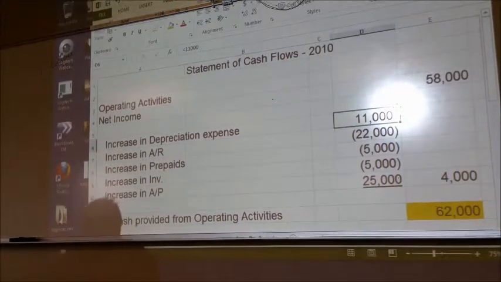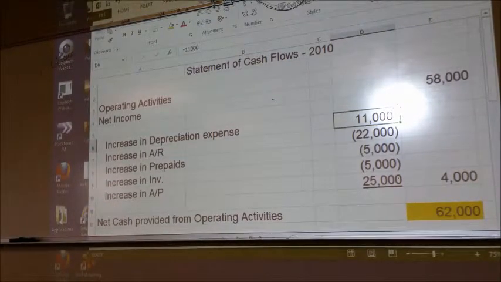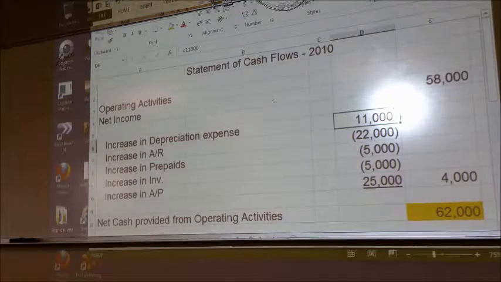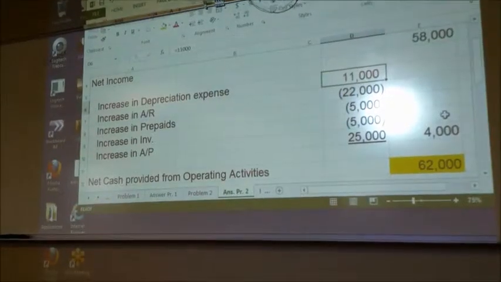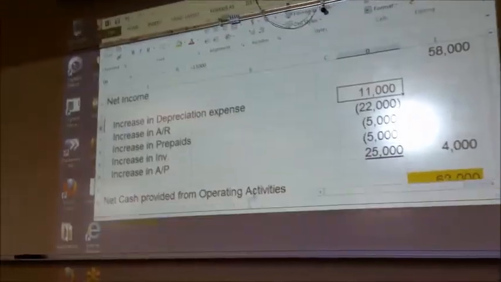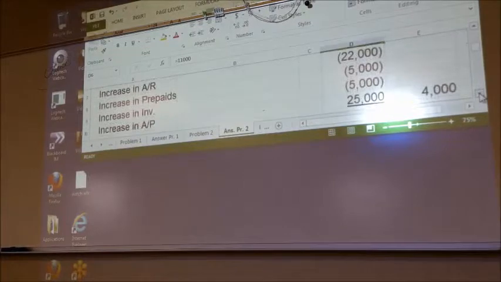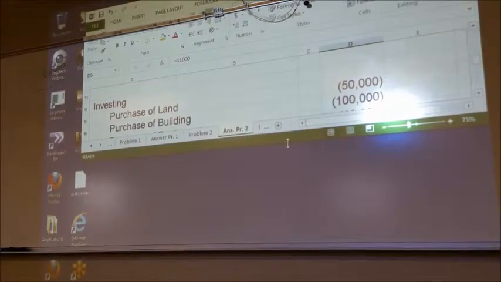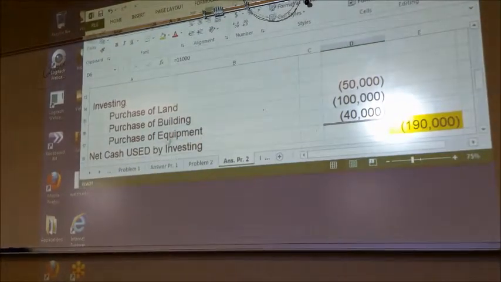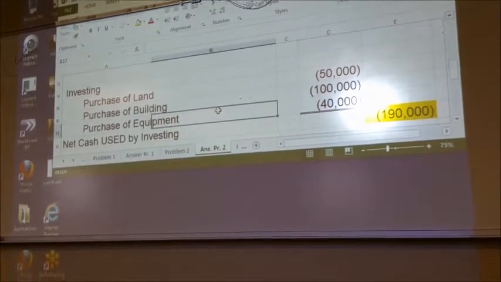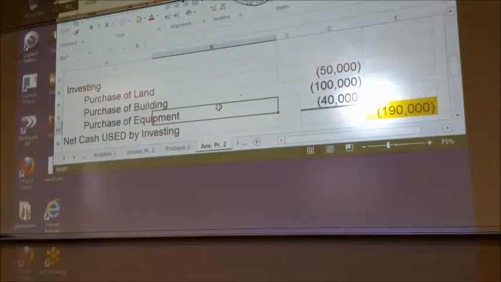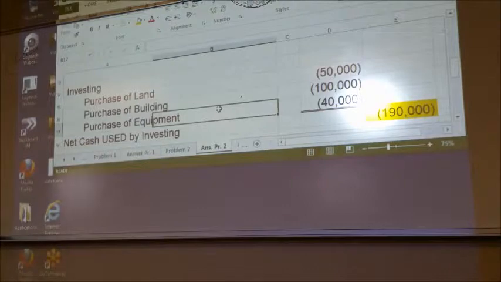We bought land, obviously, from 0 to 50,000. All of our long-term assets went up because we bought new stuff. And it tells us in the notes that they were all bought with cash.